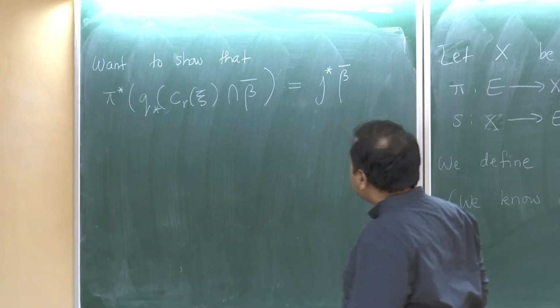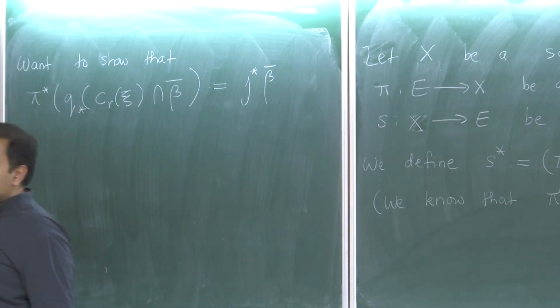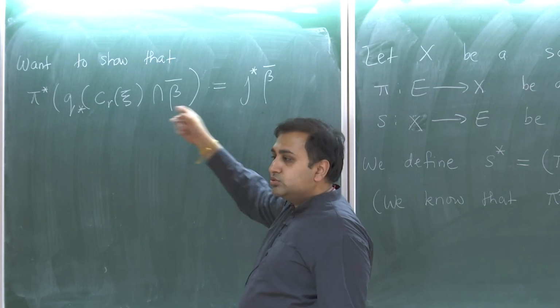Because what is the definition of S upper star? It is the inverse of this, right? And this is beta. So I just want to show this equality.